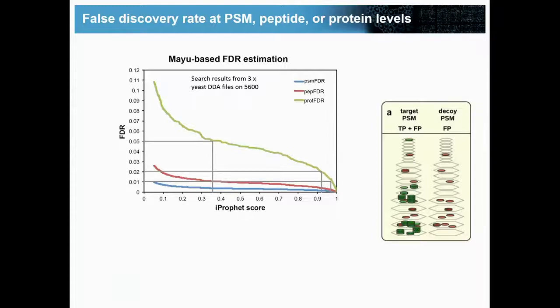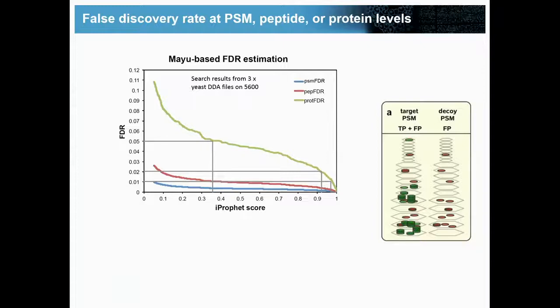So this means that if you count the false discovery rate at the PSM level or the peptide level or the protein level, because of these uneven distributions, on the target proteins they build up, and on the false positives they're distributed all over the place. The problem is that you get false discovery rate accumulation at different levels.